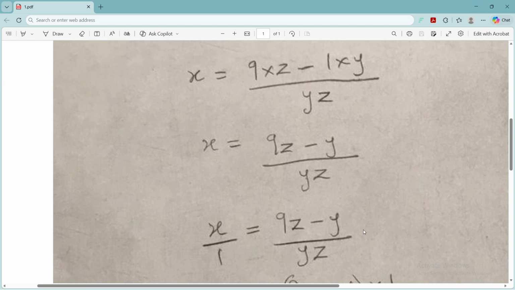So we cross multiply. We are dealing with fractions at both sides of the equation. We have a fraction at the left hand side of the equation, separated by an equal to sign from a fraction at the right hand side of the equation. So when you have an equation like this, you cross multiply.